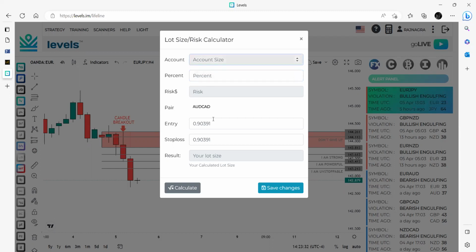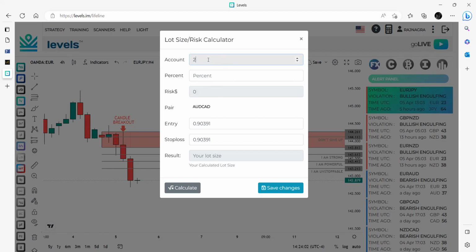This actually calculates what lot size to use, because what you'll find is with some currency pairs, you don't need a big lot size, whereas with other currency pairs, you need a bigger lot size to make your percentage for the day, right? And some of you, maybe you only need to take one trade a day to fulfill your 3 to 5% a day. Others of you, maybe you need to actually take 2 to 3 different trades to be able to do that.